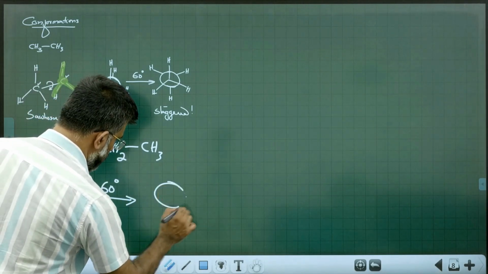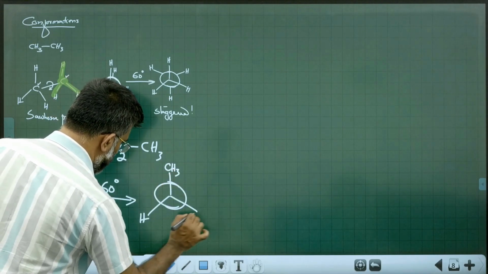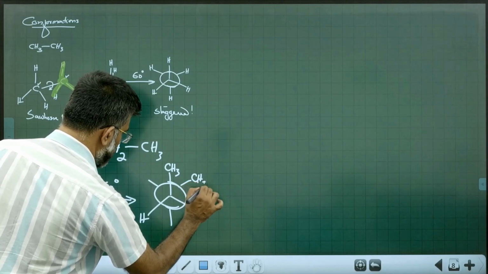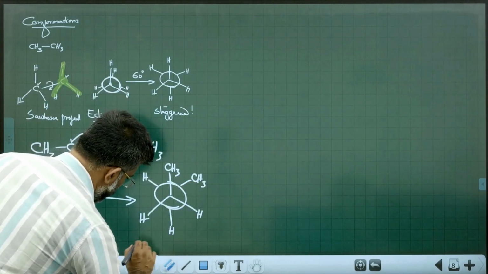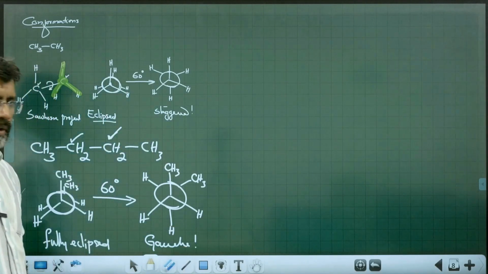You get a new conformation where the front carbon CH3 and 2 hydrogen stay back like that, and the behind carbon CH3 comes here and the 2 hydrogen come here. We call it skew conformation or Gauche conformation.